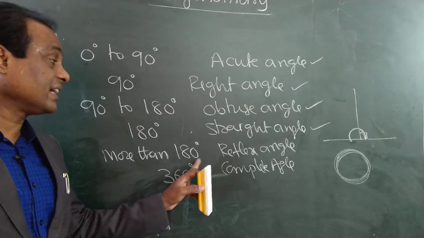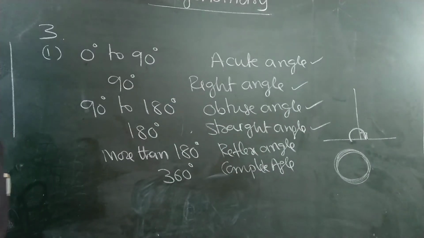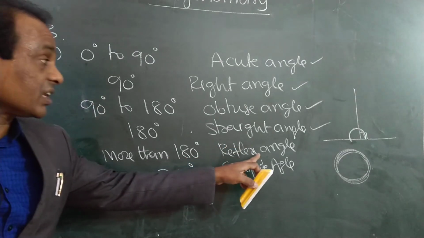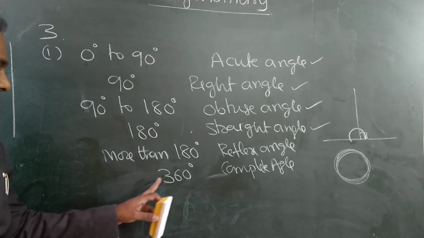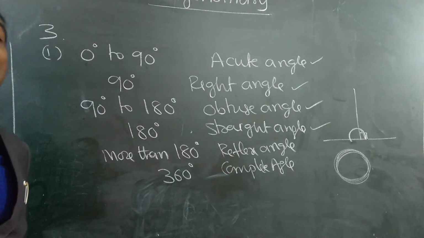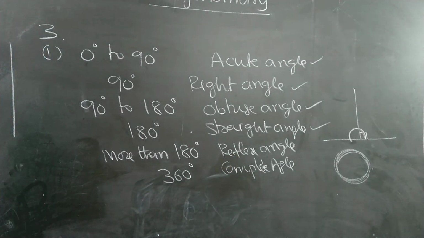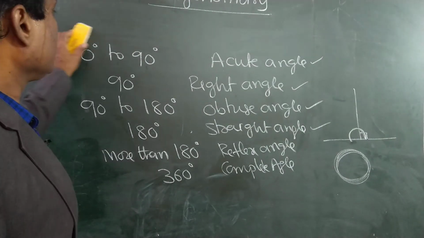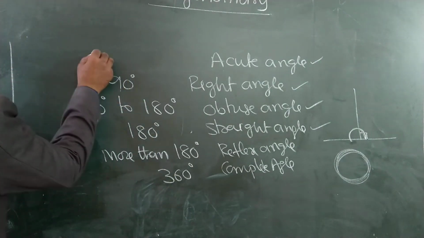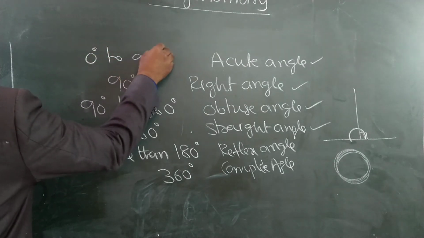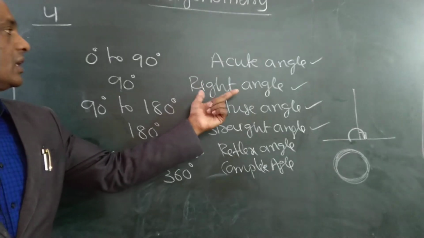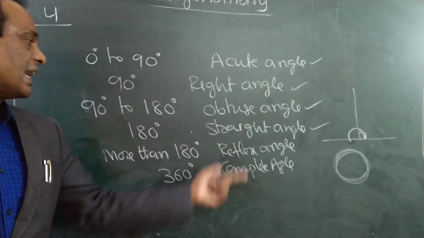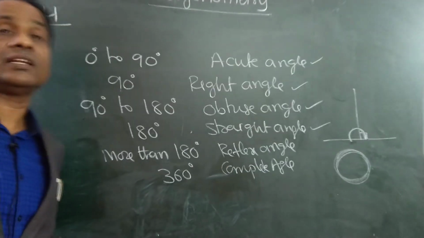More than 180 degrees is called reflex angle. 360 degrees is called complete angle. So acute angle, right angle, obtuse angle, straight angle, reflex angle, complete angle.